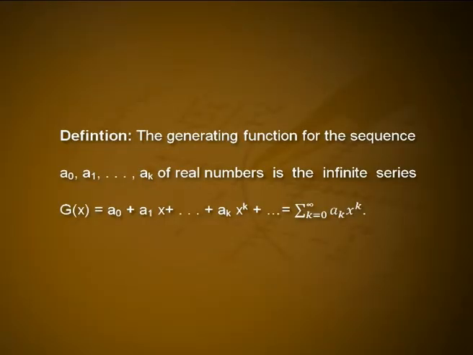The generating function for the sequence a0, a1, etc., ak of real numbers is the infinite series G(x) = a0 + a1x + etc. + ak x^k = summation k equal to 0 to infinity a_k x^k.